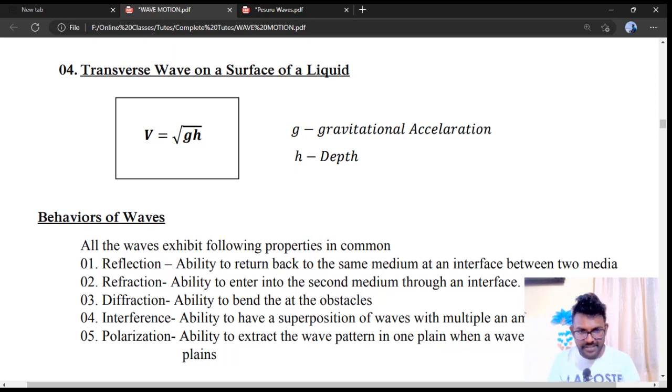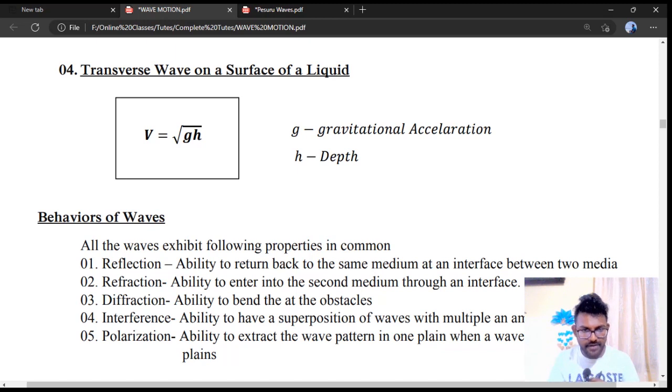And diffraction, that's something new. That is the ability to bend at an obstacle. If you have an obstacle, light or any wave can bend around that obstacle and move forward. And interference is the ability to superpose waves. When you have more than one wave, we can add them and superimpose them.